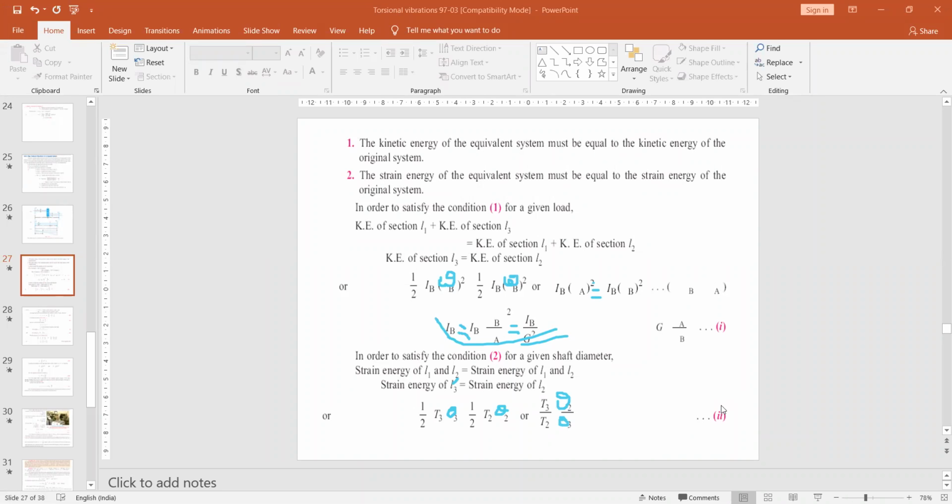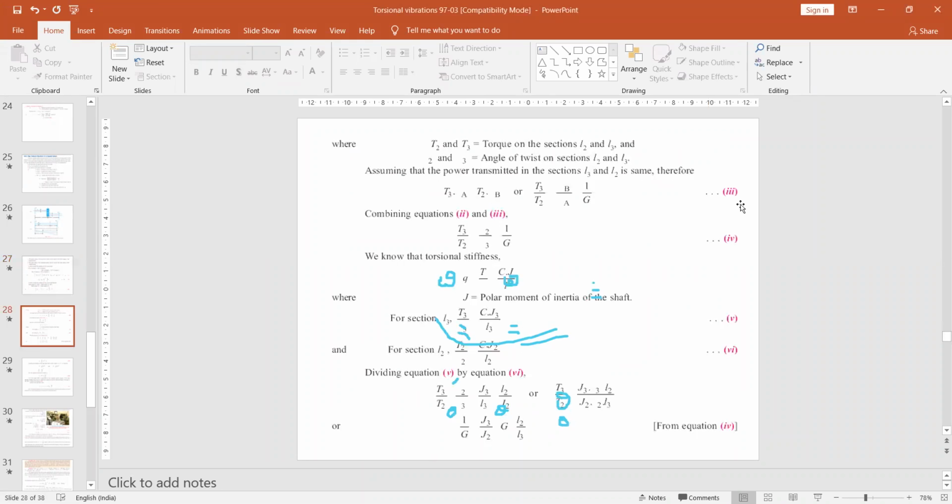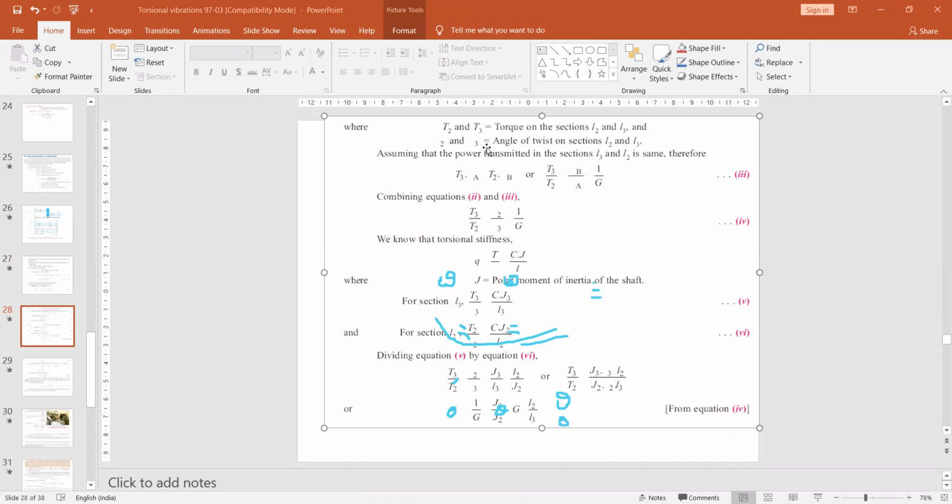In this, theta 2 and theta 3 are the angles of twist for lengths L2 and L3.